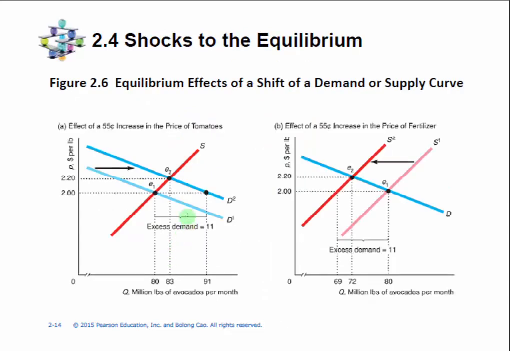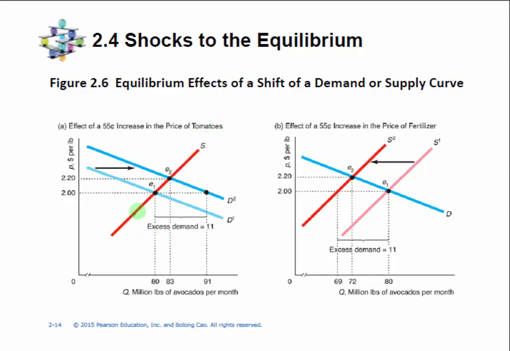Now let's look at the so-called shocks to the equilibrium. Basically, what we have is a change in the demand, or say a shift of the whole demand curve, or a change in supply, right? The shift in the whole supply curve. Here, if the demand increases, that will drive up the price and the quantity at the same time, assuming the supply stays the same, right?